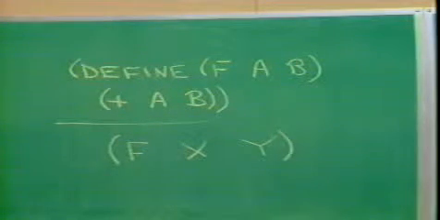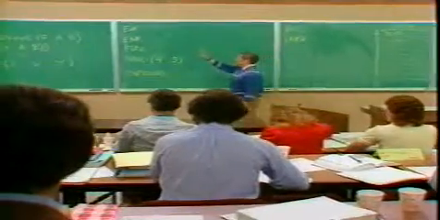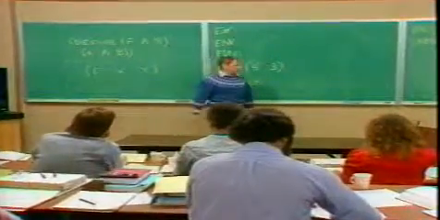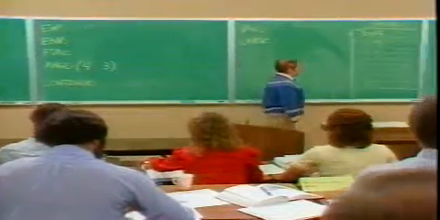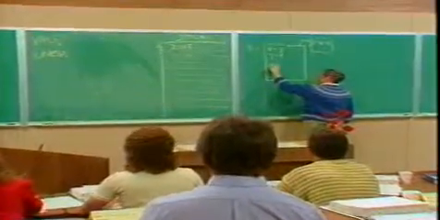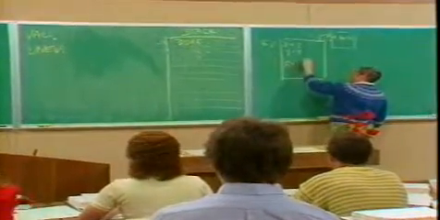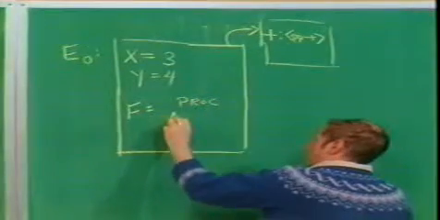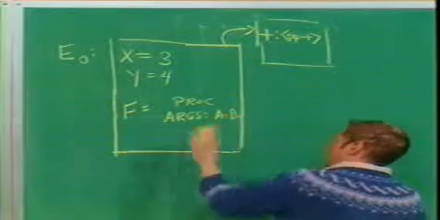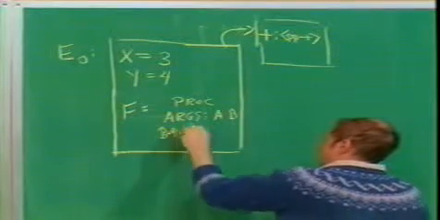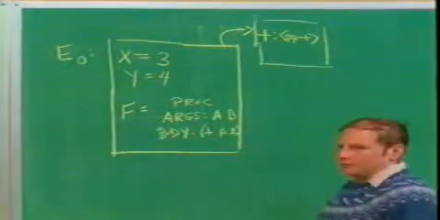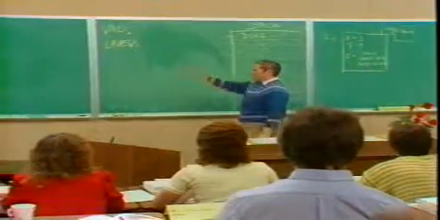When the define is executed, remember there's a lambda here and lambdas create procedures. And basically what will happen is in E0, we'll end up with a binding for F, which will say F is a procedure, and its args are A and B, and its body is plus A B. So that's what the environment would have looked like had we made that definition.